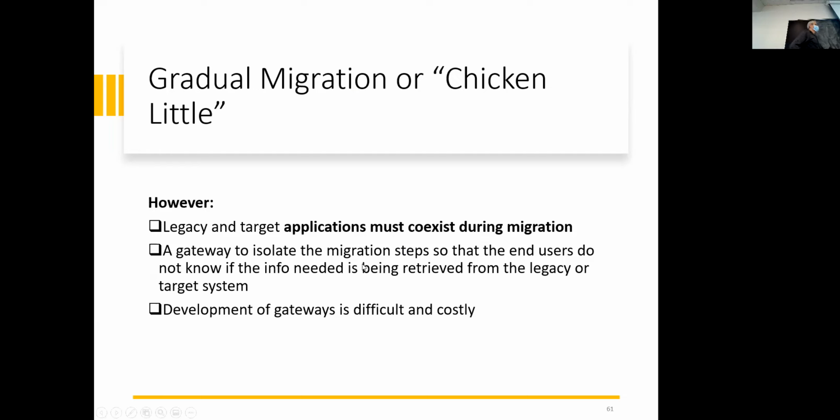Also, when we do migration, we have to make sure that the new application has access to the old data, right? So what we have to do is gateways. We have to make sure that we are not breaking anything. So we might have to write wrappers. We might have to do a lot of other things in between.